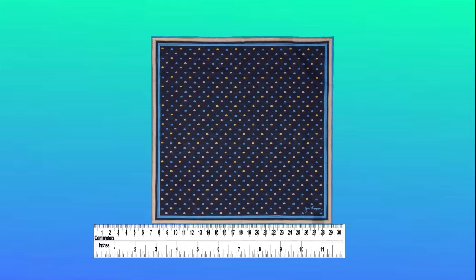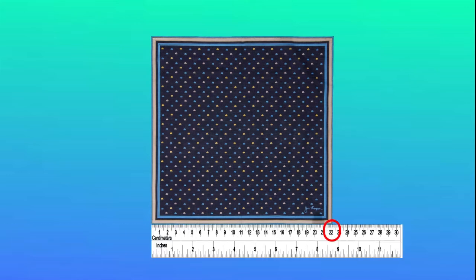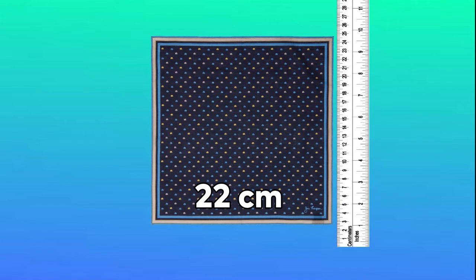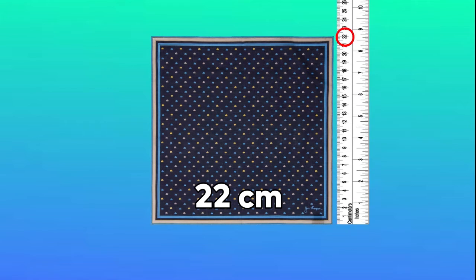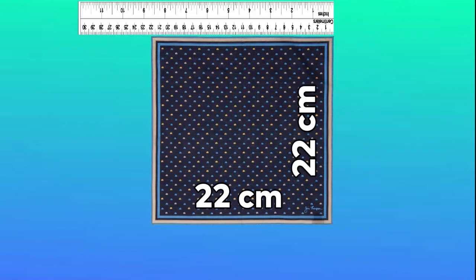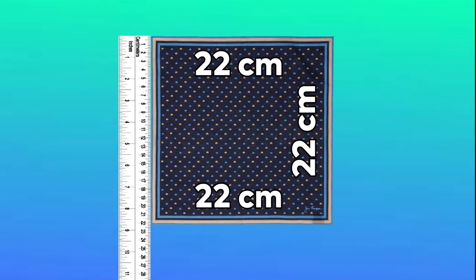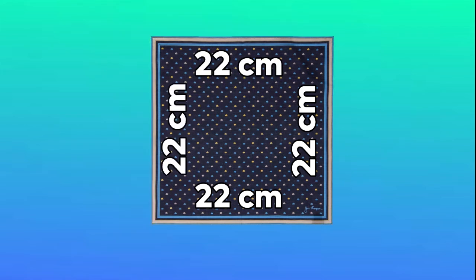What do you notice? The measure of the first side is 22 centimeters. The second side is 22 centimeters. The third side is also 22 centimeters, and so is the last side. So each side of the handkerchief measures 22 centimeters.